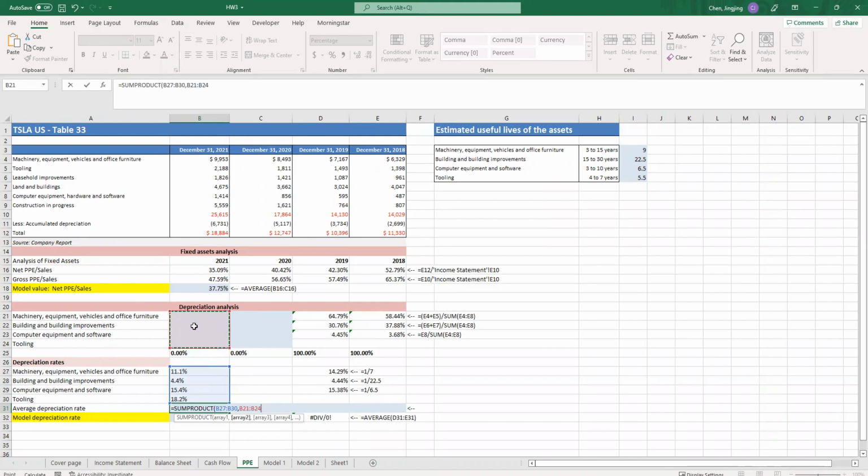Each of these represents the proportion of machinery, the proportion of building, the proportion of computer, and each of these represents their specific depreciation rate. We're going to use the depreciation rate of machine times the proportion of machine plus the proportion of building times the depreciation rate of building. So take the weighted average of the depreciation rate. The weight will be the proportion of each of these fixed assets over the total fixed assets.